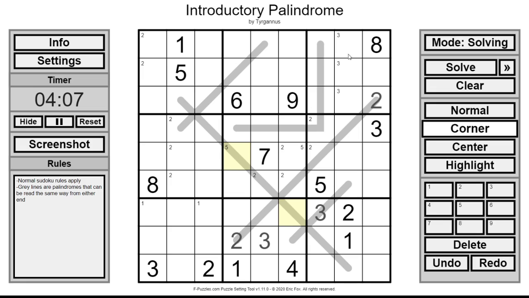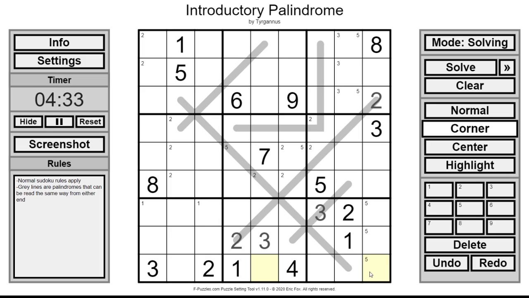Right, these 5s by normal Sudoku, slot 5s over there. Hmm. 5 in this row is either there or there.